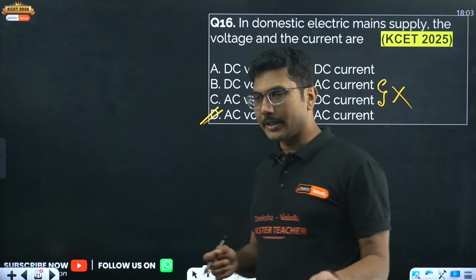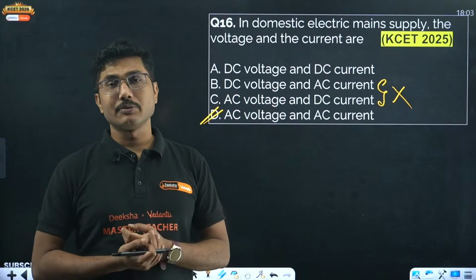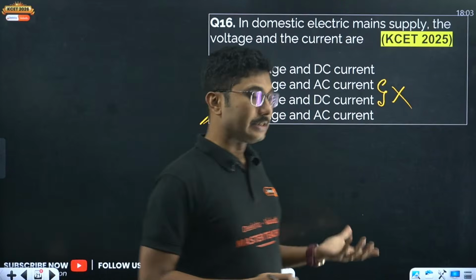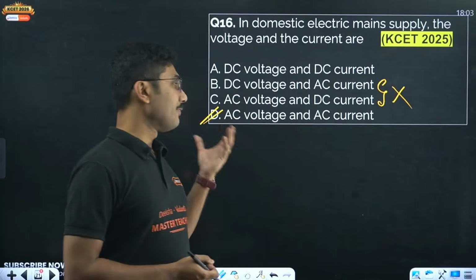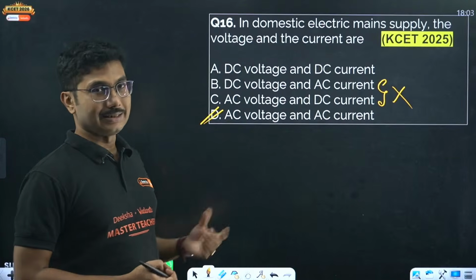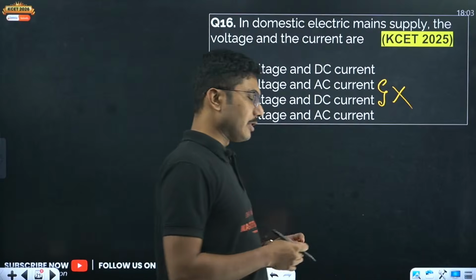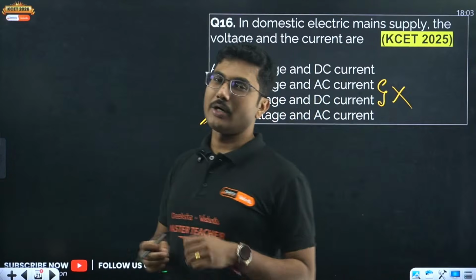It did not happen in India, it happened in America. They were the first people who commercialized electric current, and eventually it was settled on AC because AC is superior to DC. We can send AC over a long distance without any loss.